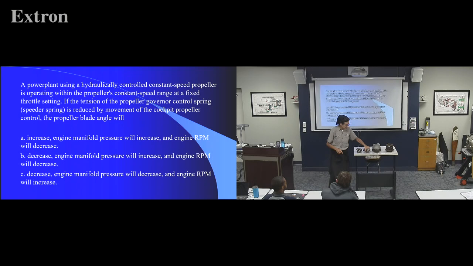Also, this little safety spring on top, not the speeder spring inside, is always trying to tug this lever arm to the lowest blade angle. But the control cable very easily overpowers it. If we lose that control cable though, then this little safety spring or return spring is what turns it to our low blade.